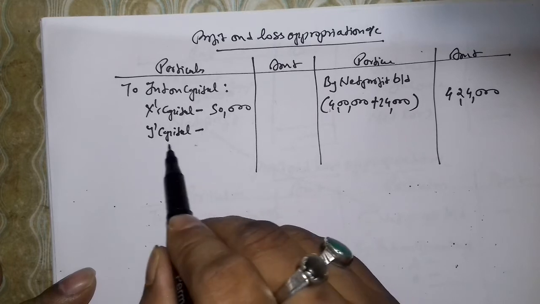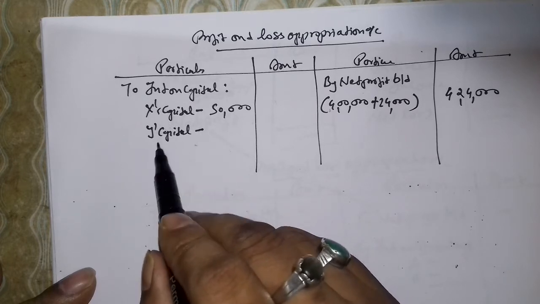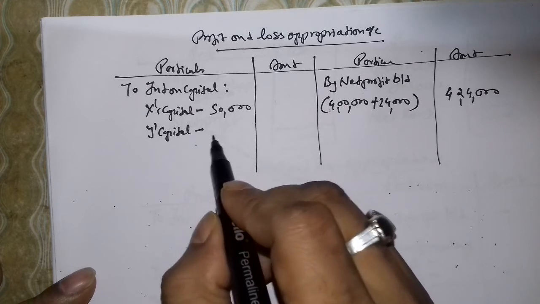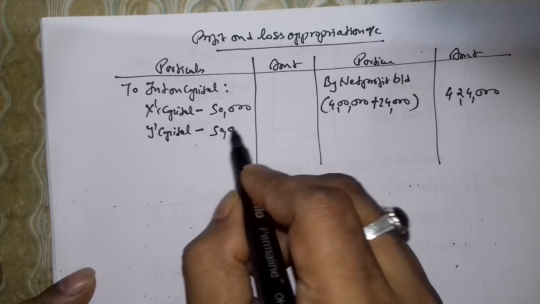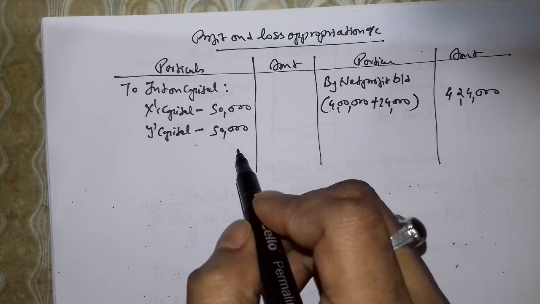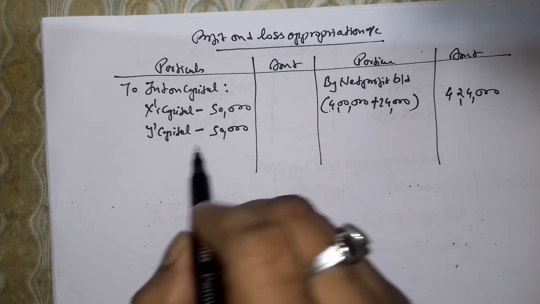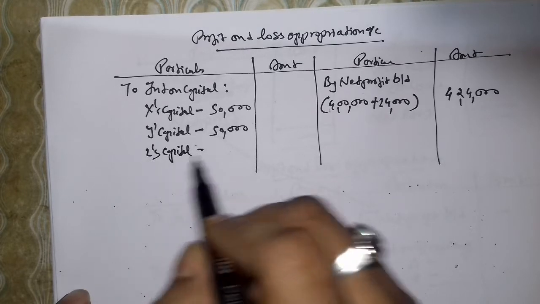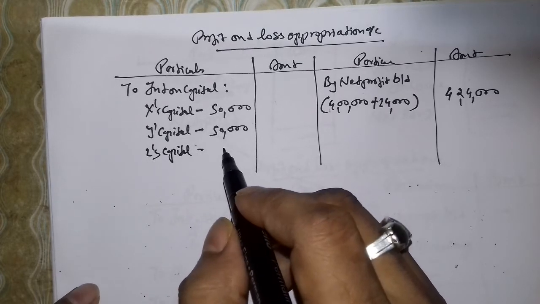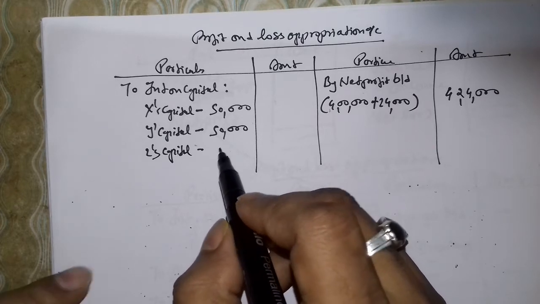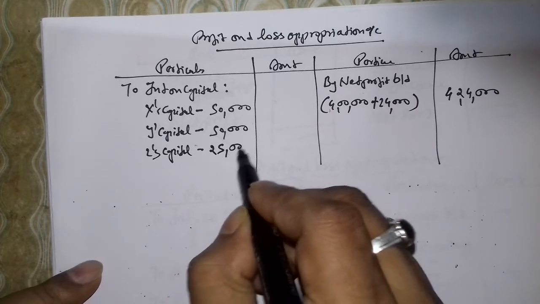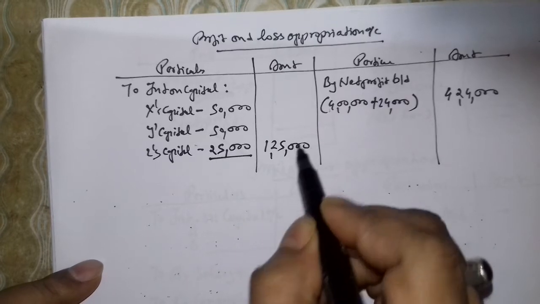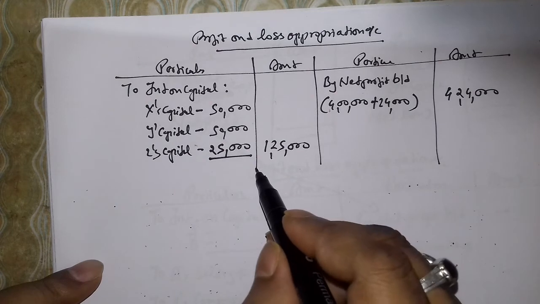Y's interest on capital is again 50,000. Y's capital is 5 lakh and 10% of 5 lakh is 50,000. Then Z's capital is 2,50,000. 10% of this 2,50,000 is 25,000. So 1,25,000 is interest on capital.